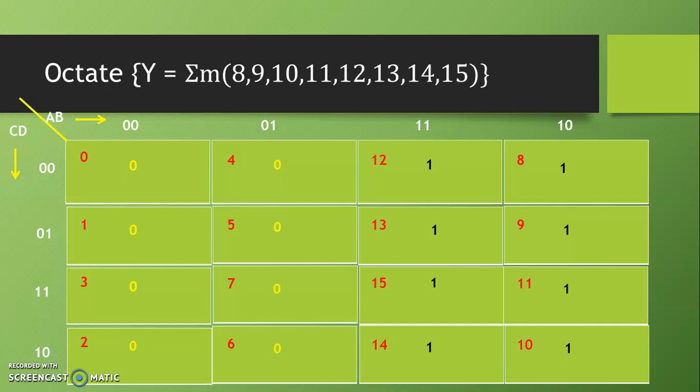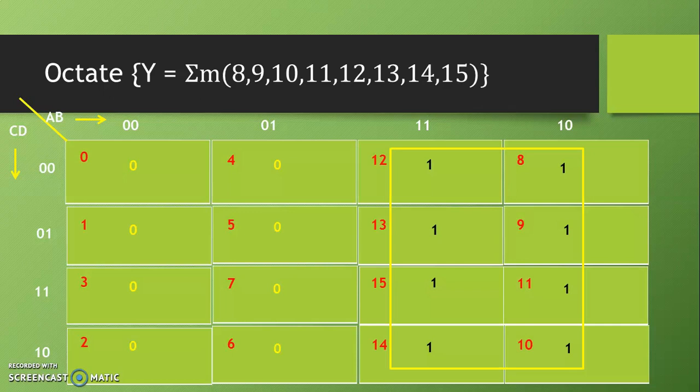Now we can observe that we have 8 ones, and all 8 ones are adjacent to each other, so we can prepare a group of 8 ones like this, and this is known as an octet.